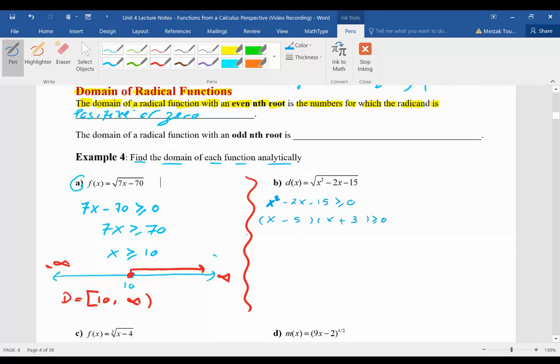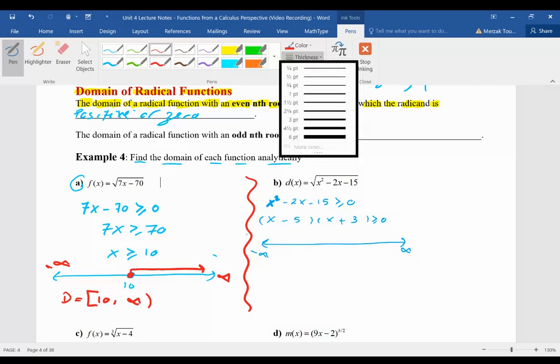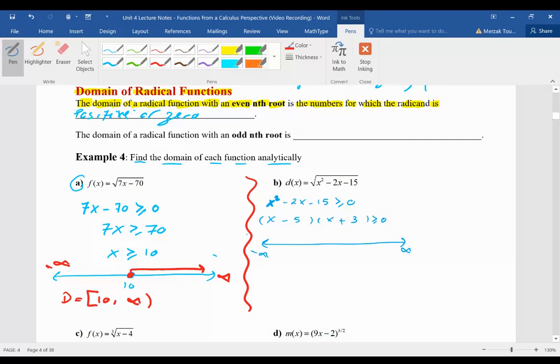We're going to use the number line to solve this inequality because we want to determine where the product of x minus 5 and x plus 3 is positive, and also where this product is 0. The number line goes from negative to positive infinity. There are two zeros. When x equals -3, x plus 3 is 0, so the product is 0.